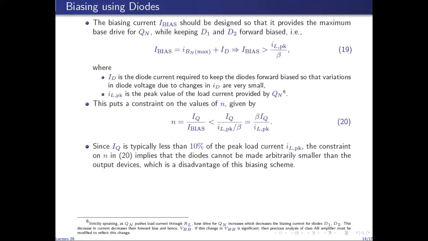Here by size I mean the emitter-base junction area, because emitter-base junction area will directly define the size of the device.